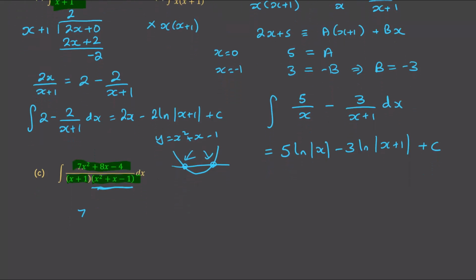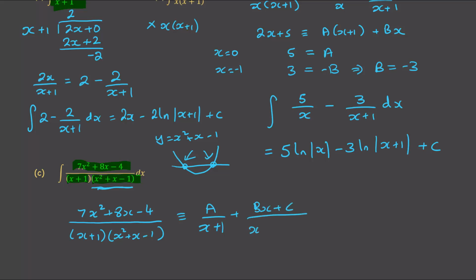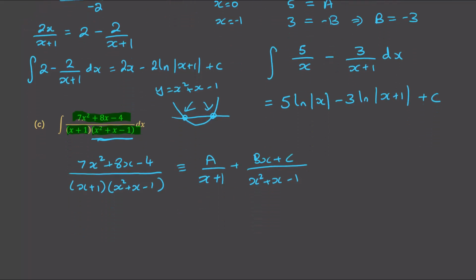So it's a type 2, so we've got 7x squared plus 8x take away 4 over x plus 1, times x squared plus x take away 1, and that is going to be a over x plus 1, that's how we deal with the linear factor, and then plus bx plus c over x squared plus x take away 1, that's how we deal with the quadratic factor.